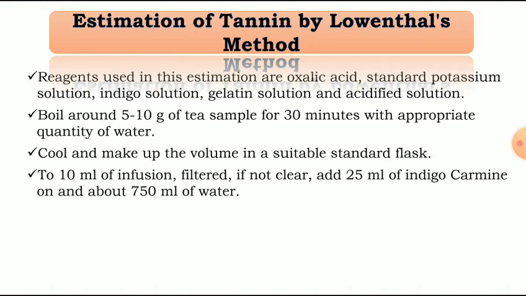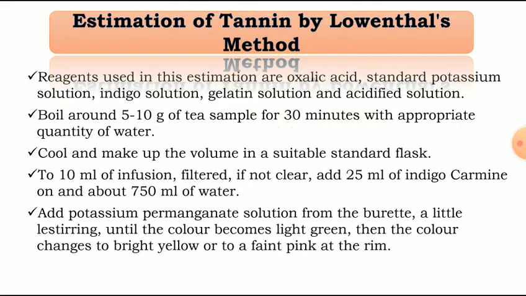Suppose we have taken 10 ml clear solution of the tea sample. Into that 10 ml tea sample solution we add 25 ml of indigo carmine solution and about 750 ml of water. So this is the mixture of the solutions.